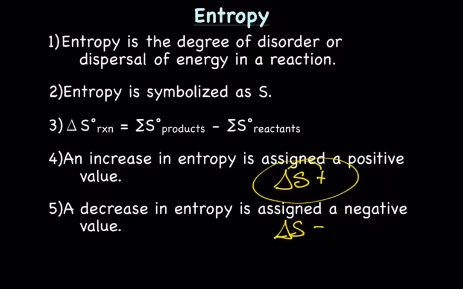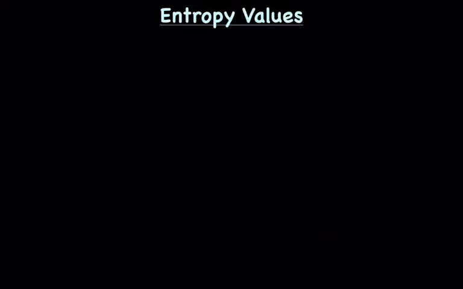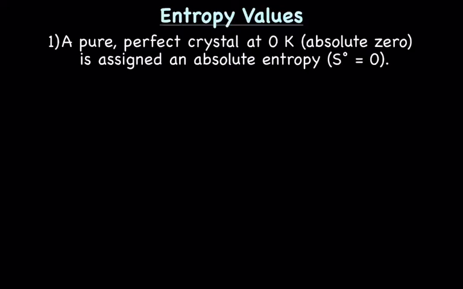Okay, let's talk about values of entropy. A pure perfect crystal, meaning a solid, at 0 K, which is absolute zero, the absolute lowest theoretical temperature, is assigned an absolute entropy of 0.